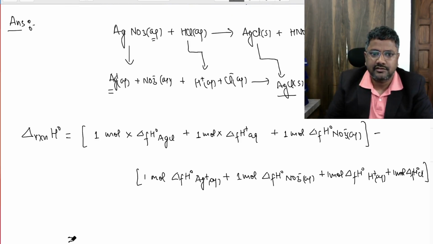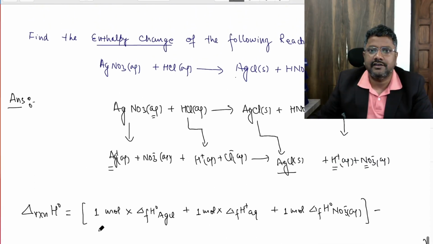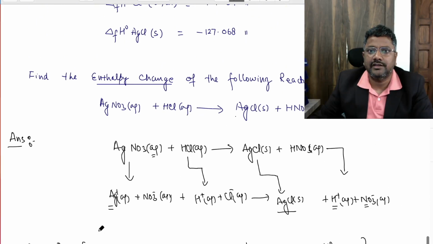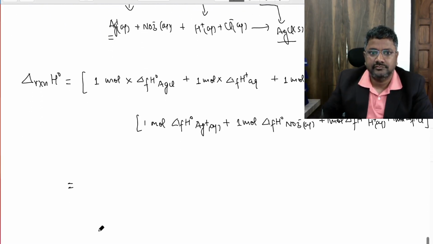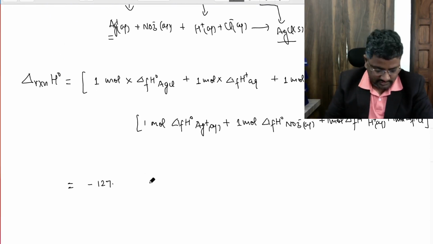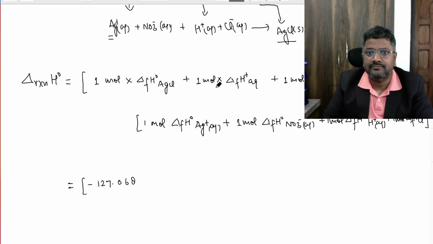Now see, AgCl is given as minus 127.068, all with the same unit, kilojoules per mole, and for H plus it is 0.